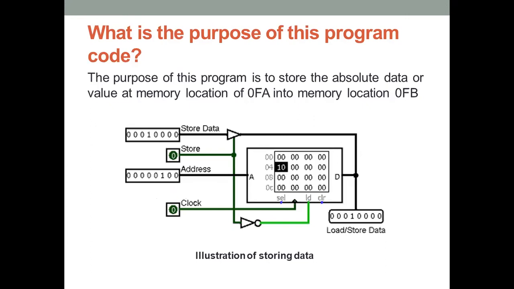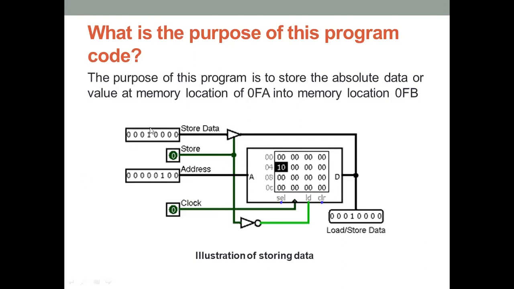So what is the purpose of this program code? In computer architecture, we should learn about how computers store data. So this is the code that the computer uses to store the data.